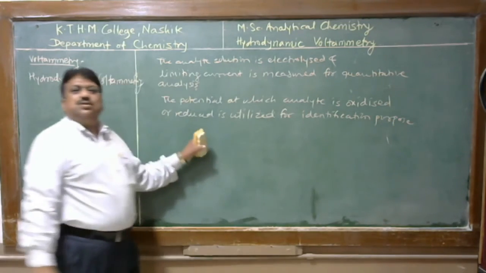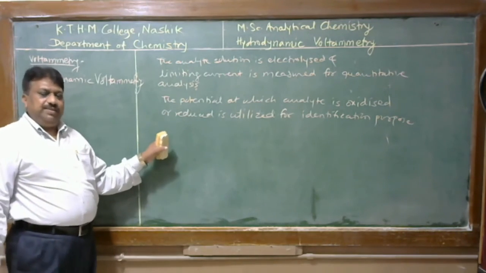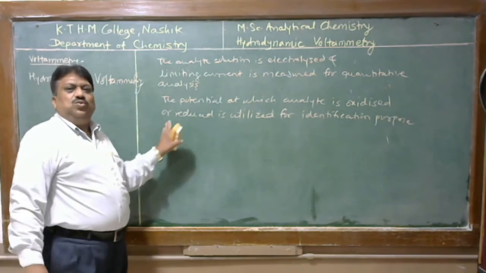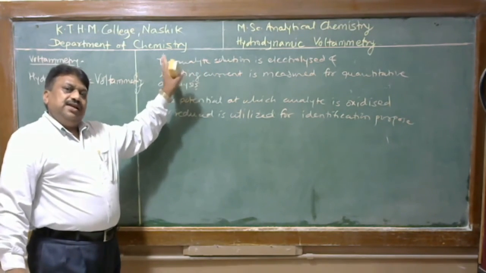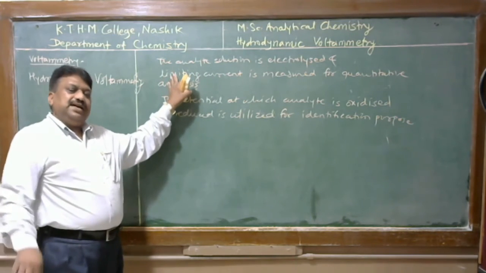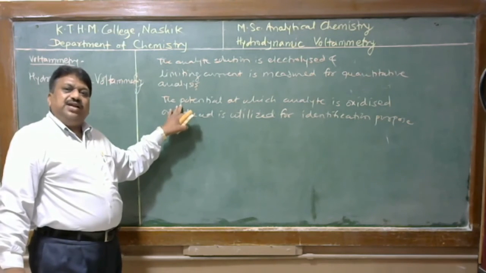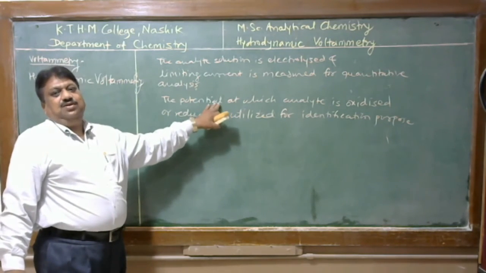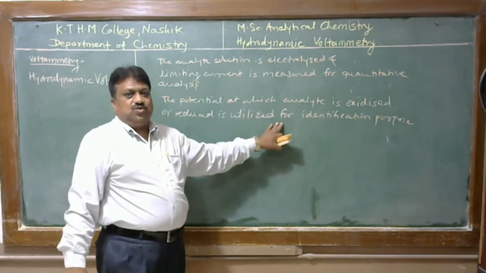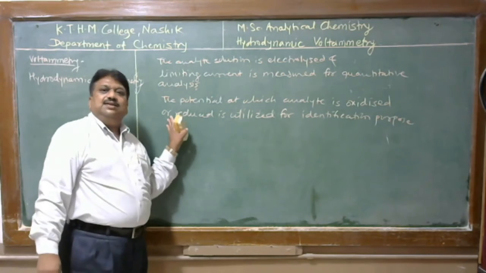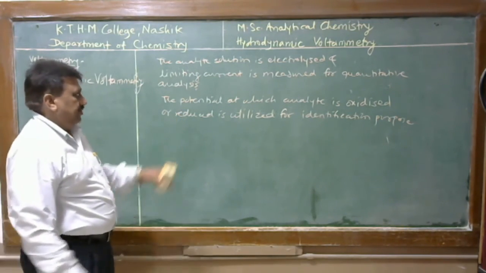That means both qualitative as well as quantitative analysis is done in hydrodynamic voltammetry. It is just similar to the polarography technique. In this case, the limiting current is measured. In polarography, the limiting current, that is the diffusion current, is measured. Here, the potential at which the analyte undergoes oxidation or reduction identifies the analyte species present in the solution.